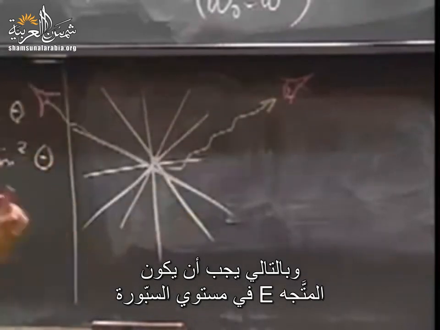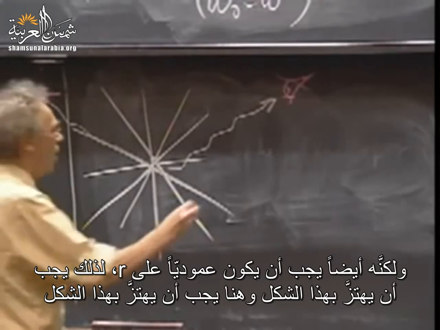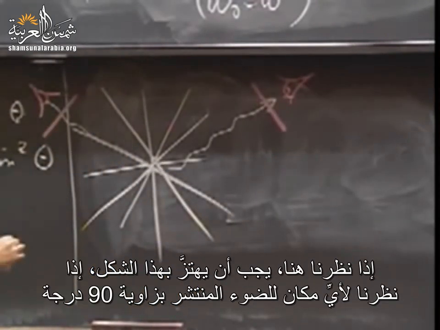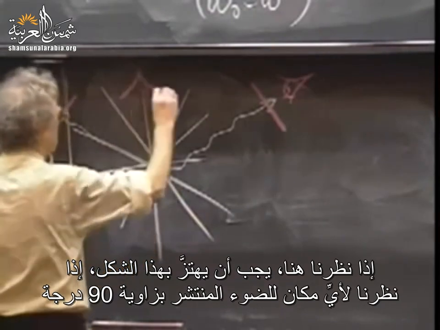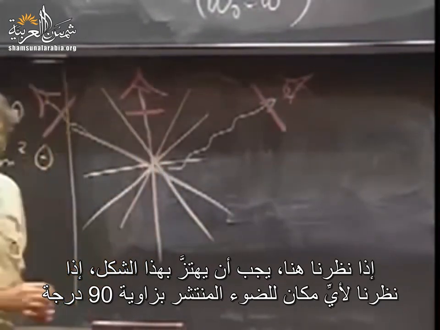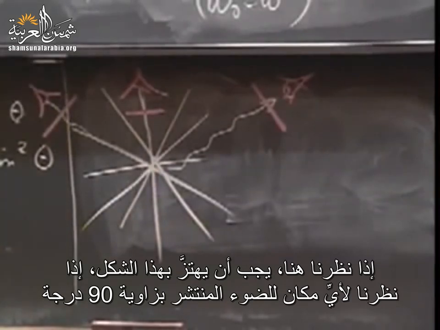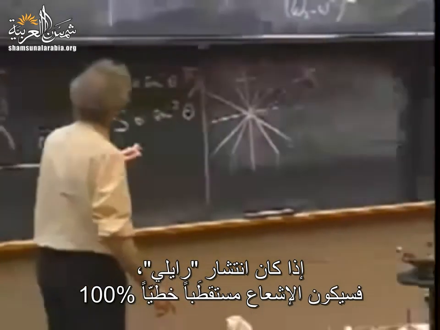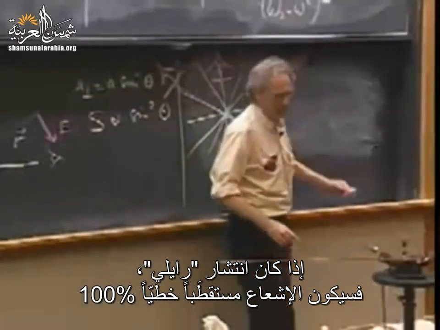So the E vector must be in the plane of the blackboard. But it must also be perpendicular to R. So it must oscillate like this, and here it must oscillate like this. And if you look here, it must oscillate like this. So whenever you look at scattered light under 90 degrees, if it is Rayleigh scattering, you will see that the radiation is 100% linearly polarized.